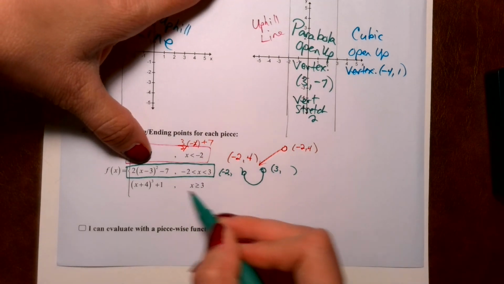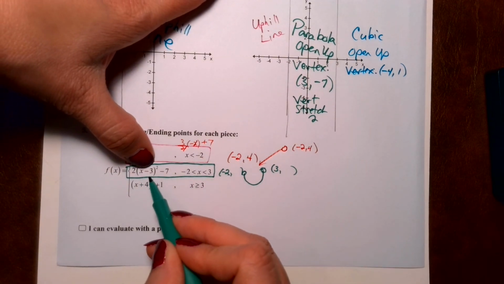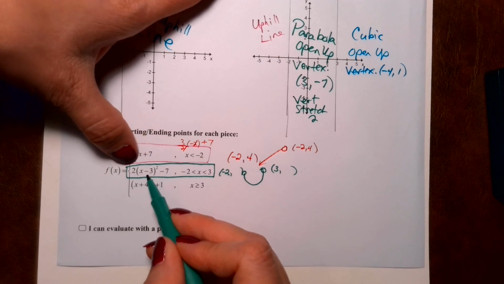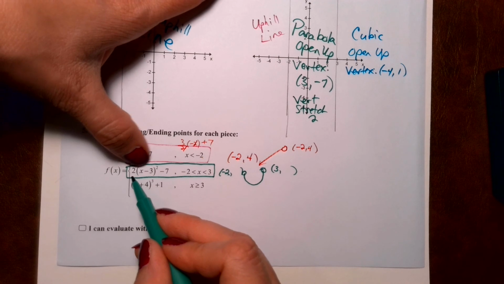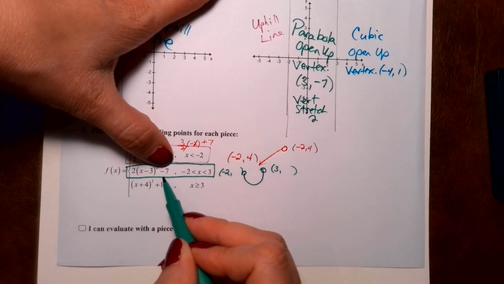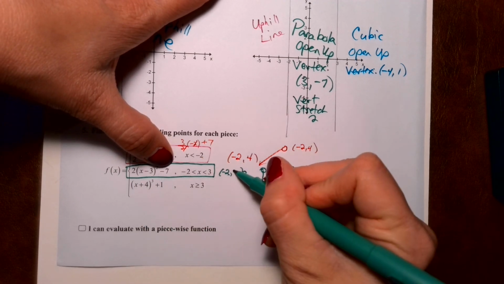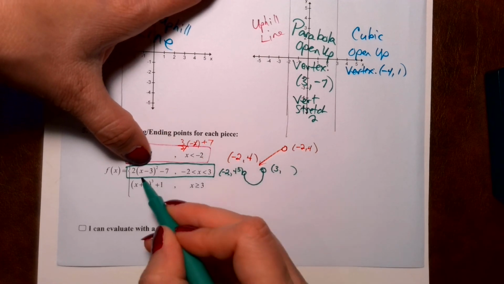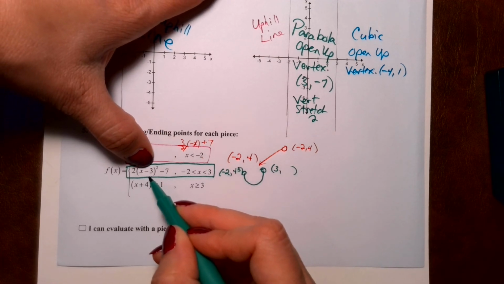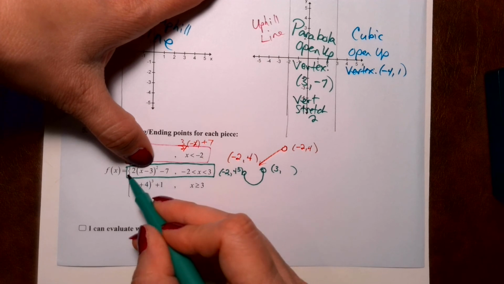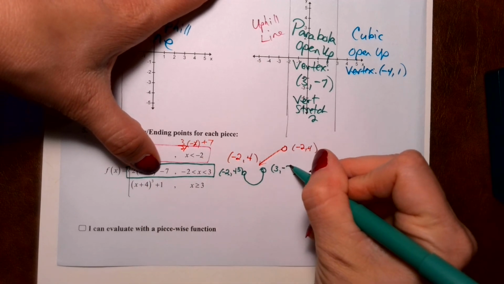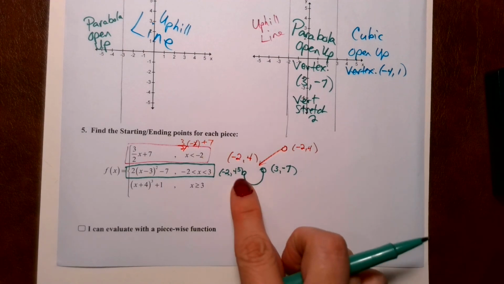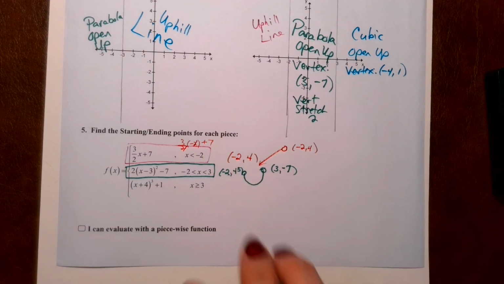If -2 goes in the equation, -2 minus 3, -5 squared is 25 times 2, 50. 50 minus 7 is 43. Let's take 3. 3 minus 3, 0. 0 times 2 is nothing, and we get -7. So the starting point and the ending point of this piece are right there.